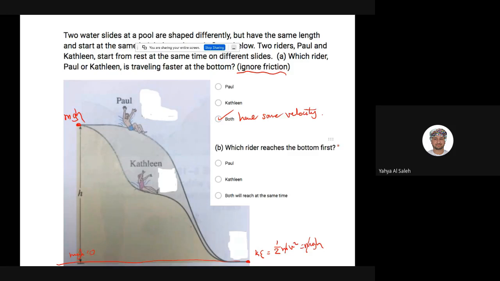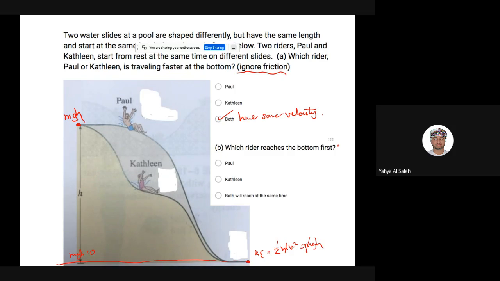But which one reaches the bottom first? Now, some people chose Paul. Some people chose Kathleen. And some people chose both will reach at the same time.